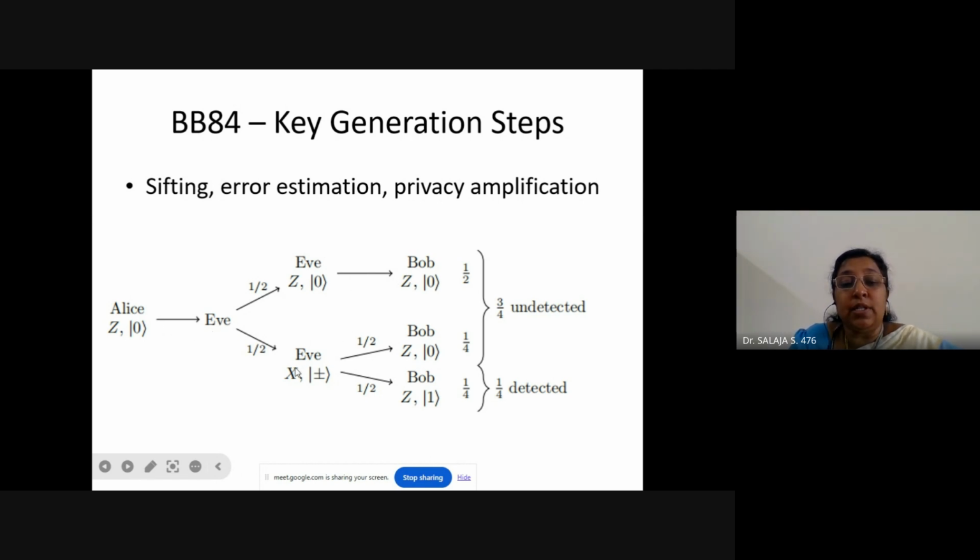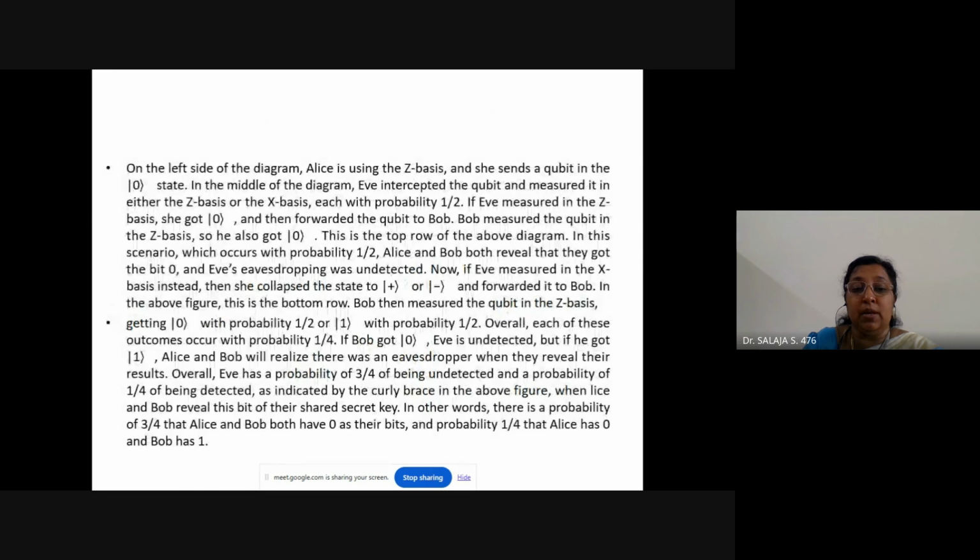But what happens if Eve chooses X gate? There is possibility of ket plus and ket minus. If it is ket plus, again Bob receives Z ket 0, and the presence of Eve goes undetected. And when it is ket minus, Bob receives Z and ket 1, where among all these probabilities, with 1/4 probability, the presence of Eve is being detected.